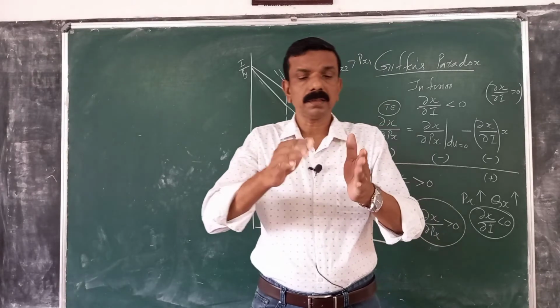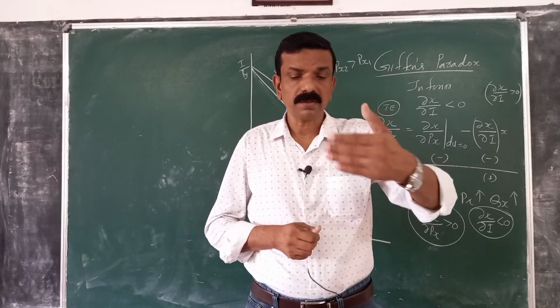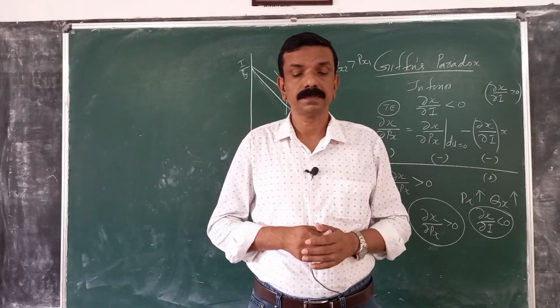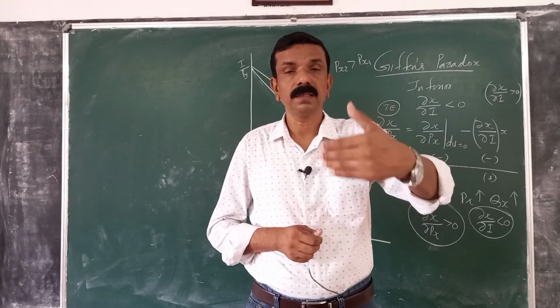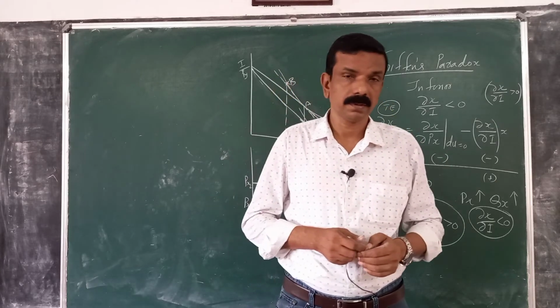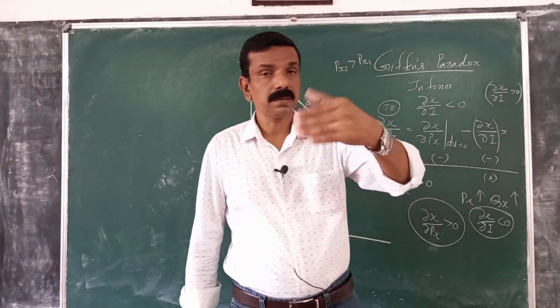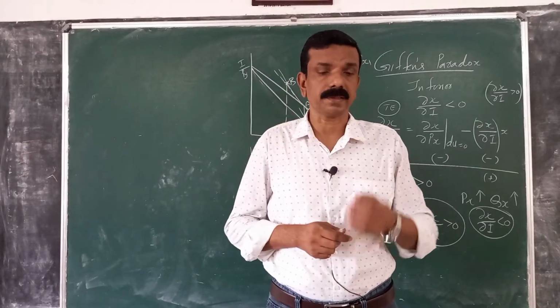And an increase in the price of potatoes due to shortage of potatoes results in a decrease in real income, with a decrease in the demand for meat and an increase in the demand for potatoes. Potato constitutes a large portion of consumers' expenditure.